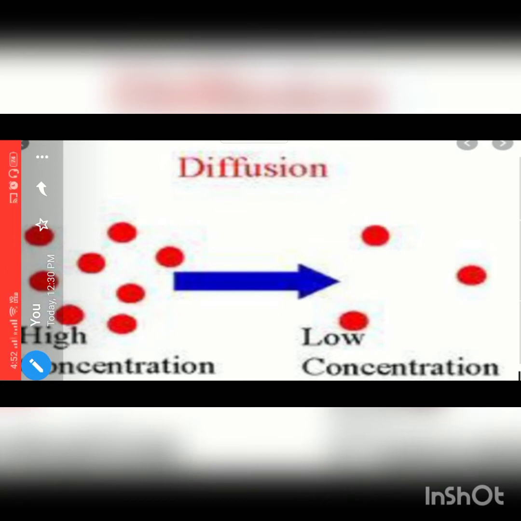Then what will happen is that the carbon dioxide will move from inside the cell to the outside. Same way, oxygen, when it is present in less concentration inside the cell and in more concentration outside the cell, it will move from outside the cell to the inside.